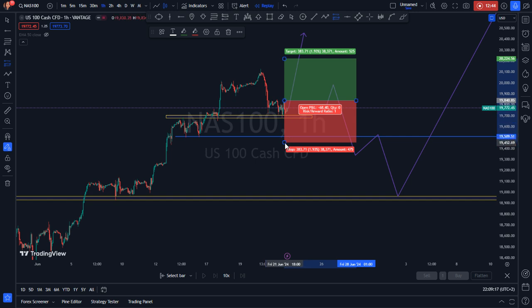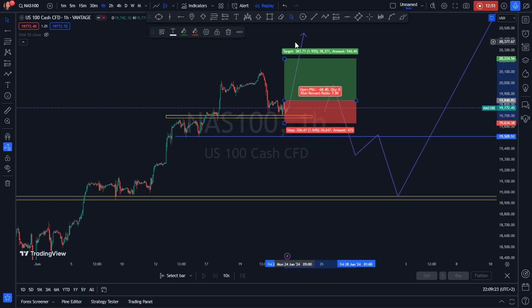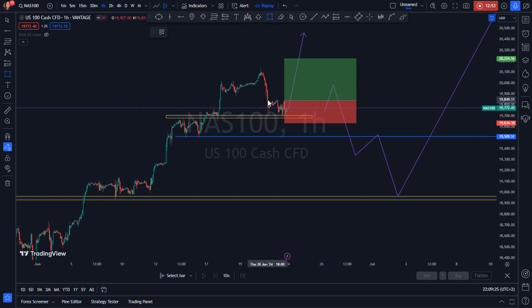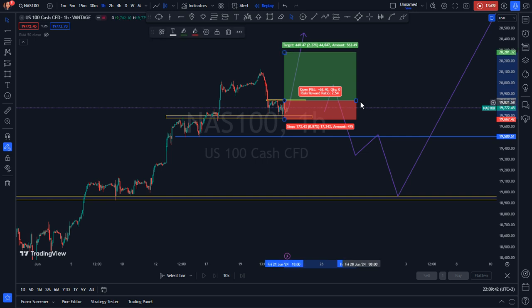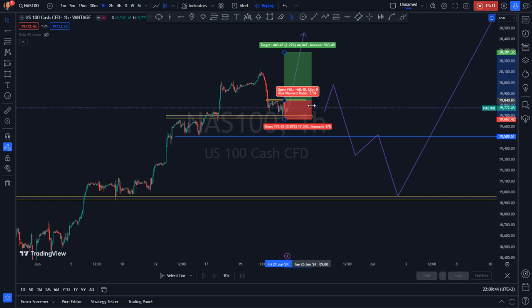I think I will enter this trade if the market slightly pushes and closes above these highs right here. Then I will enter this trade and aim for 1:3 or 1:2.5, one of the two. 1:2.5 is right here. So I think I will enter this trade if it allows me tomorrow.